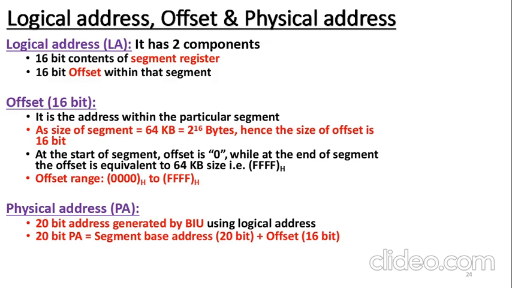We get it from the 16-bit contents of the segment register. As I already stated, the segment register defines segment boundaries. It means that if the 16-bit value of that segment register has 4 binary bits 0, 0, 0, 0 appended at the LSB side, I will get the corresponding segment base address.